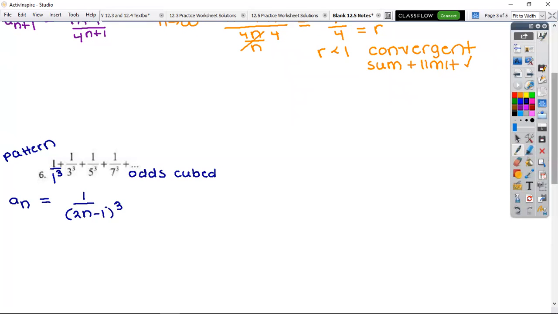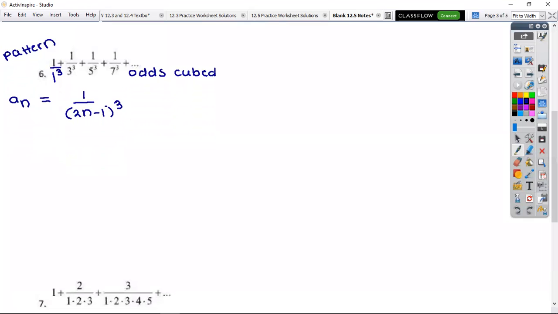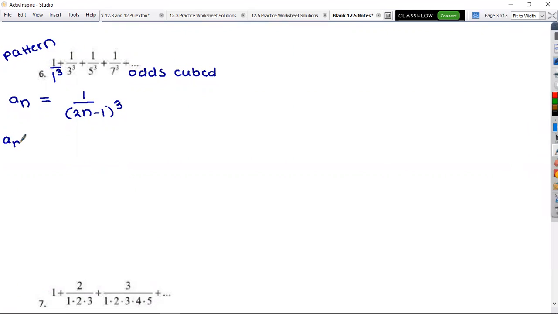Now you're going to write your second formula, which is in terms of a sub n plus 1. And again, I'll show this on here, but if you can do it in your head, you don't need to show this part. So I'm going to take my n, and I'm going to do n plus 1 instead, and then minus 1, and then cubed.